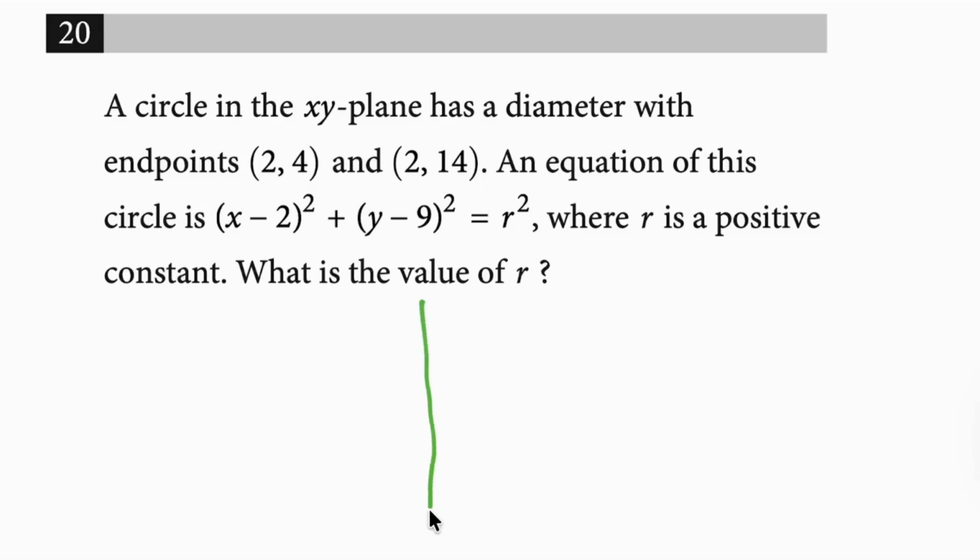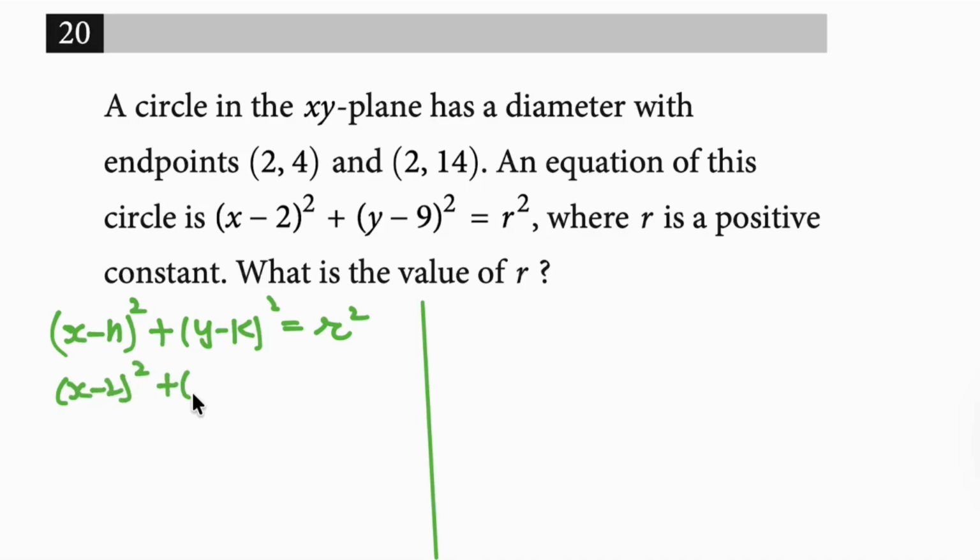Now first let's do it with the traditional method. The standard equation is (x minus h) squared plus (y minus k) squared is equal to r squared. And here the given equation is (x minus 2) squared plus (y minus 9) squared is equal to r squared. We will take any of the coordinates, let's take (2, 4).